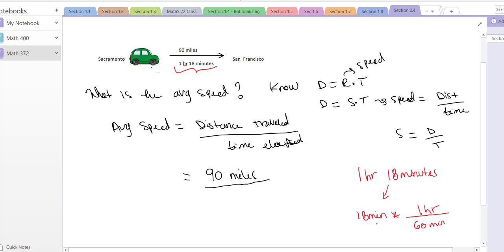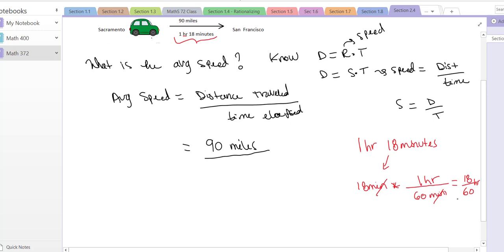And I set it up like this because I want my units to cancel. Minute divided by minute, those cancel. And I'm left with 18 over 60 hours. And 18 over 60, when you put that in a calculator, gives you 0.3. You can also reduce it and you'll get 3/10, which is 0.3.